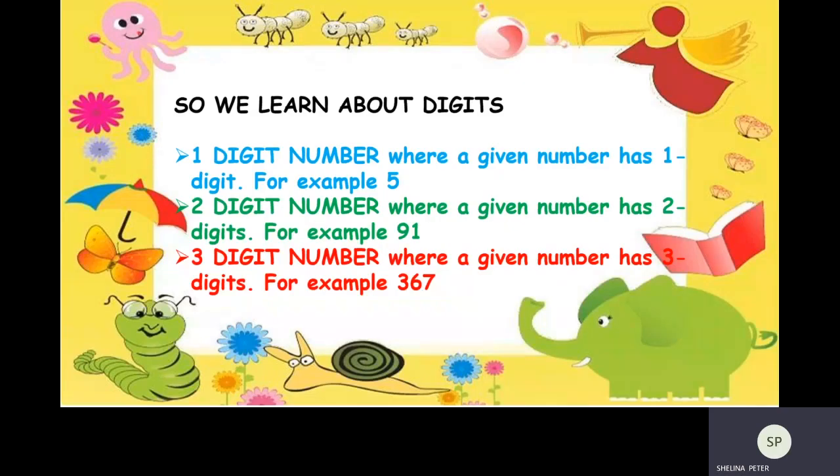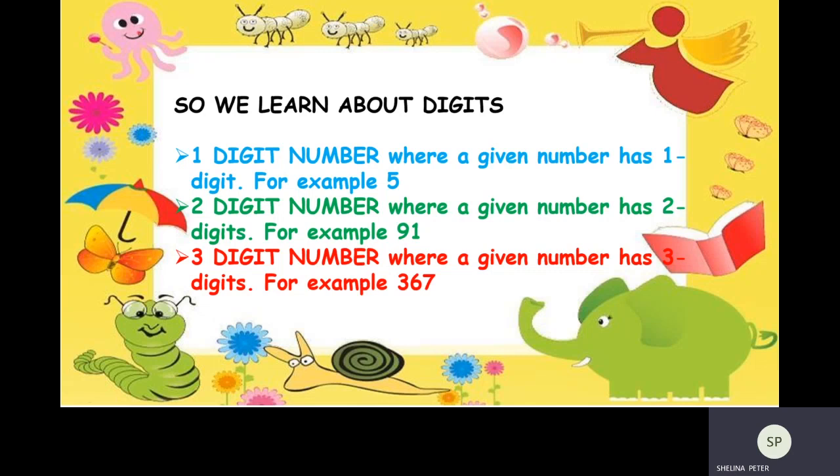Now let us conclude. We learn about digits. 1-digit number where a given number has 1 digit. For example, number 5. So just now we saw the example 5. It was written only in one box, so it is a 1-digit number. Next, 2-digit number where a given number has 2 digits. For example, 91.